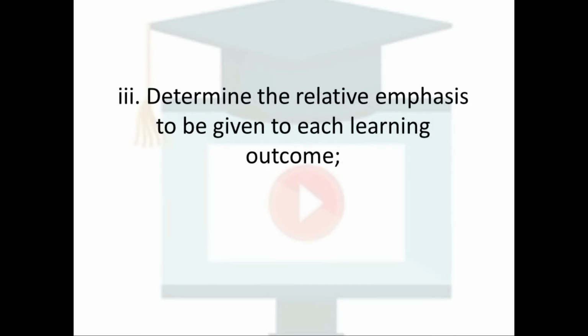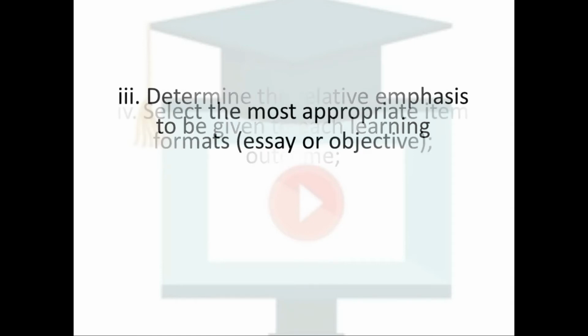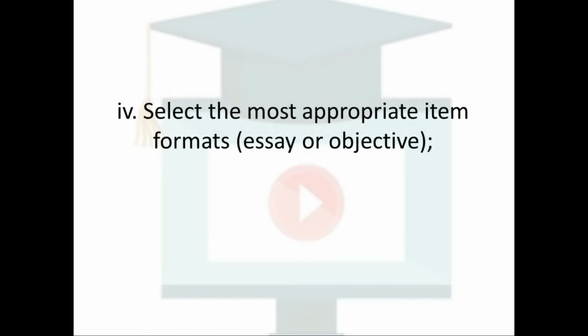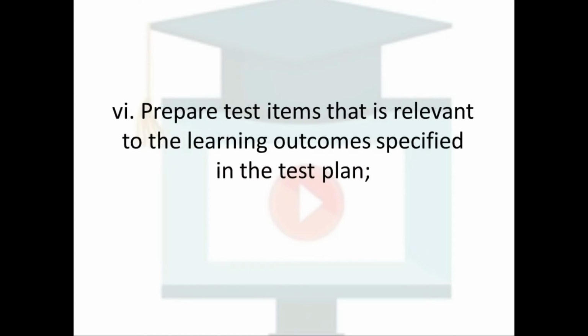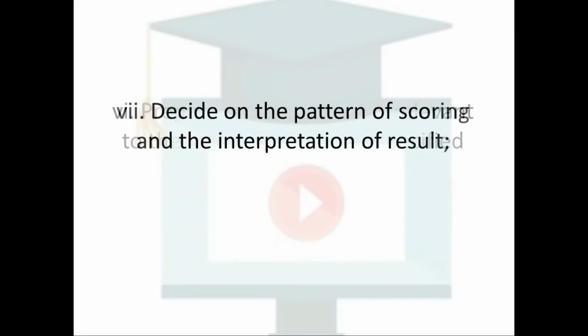Three, determine the relative emphasis to be given to each learning outcome. Four, select the most appropriate item formats, essay or objective. Five, develop the test blueprint to guide the test construction. Six, prepare test items that are relevant to the learning outcomes specified in the test plan.